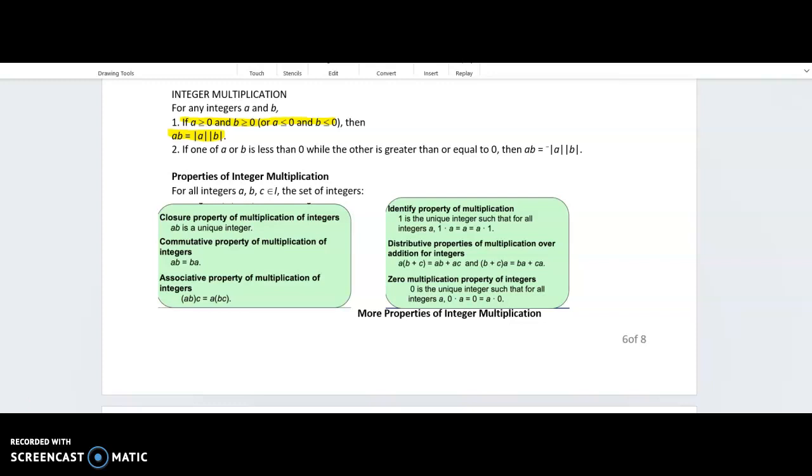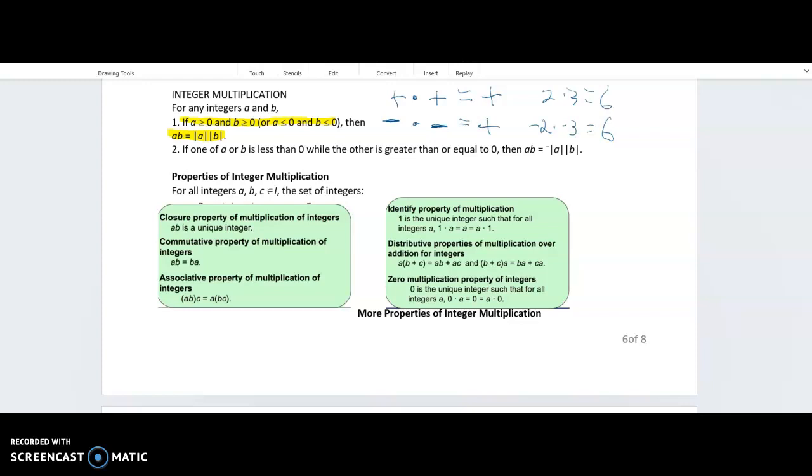So what that's telling us is when we do a positive times a positive number, we'll get a positive number, like 2 times 3 equals 6. When I do a negative times a negative number, I'll get a positive number, like -2 times -3 equals +6 again. That's a summary of those rules.